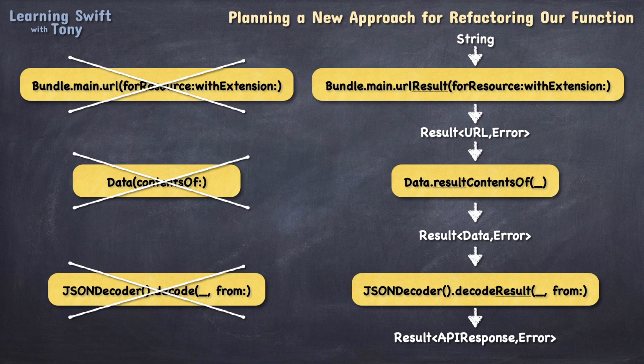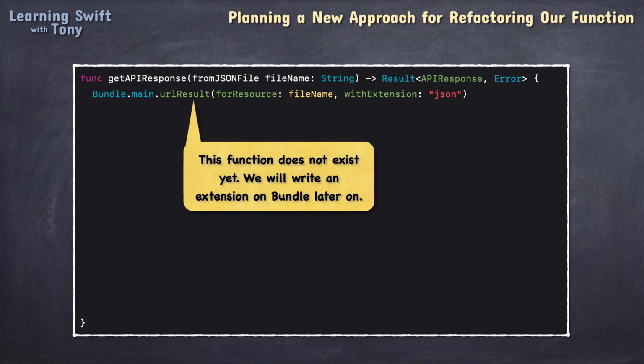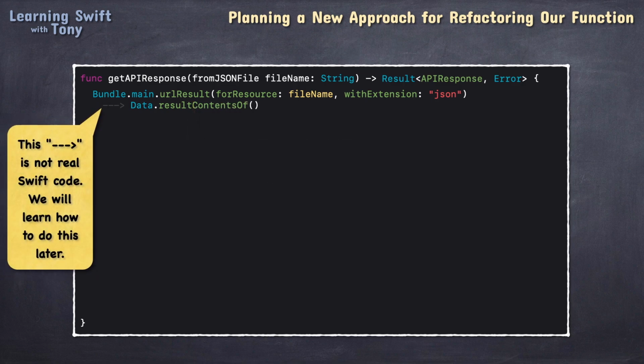As a result of our custom functions, which we will write in extensions, our previous decoding function, which used to be very inconsistent and full of do, try, catch blocks, will be seriously simplified. It will start with a call to our own URL result for resource with extension on the main bundle, and we will immediately feed the result to another custom extension function call on data, one that we will write later on.